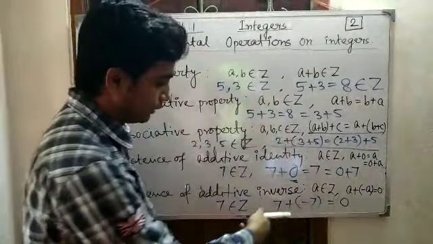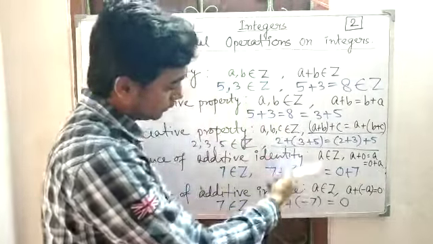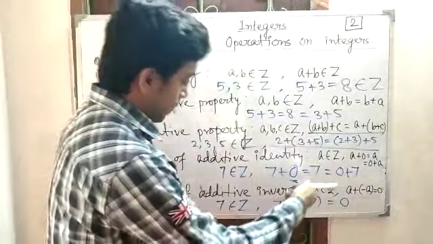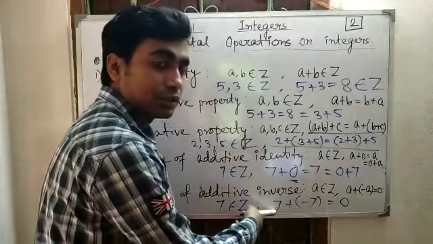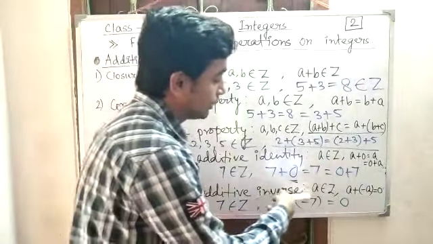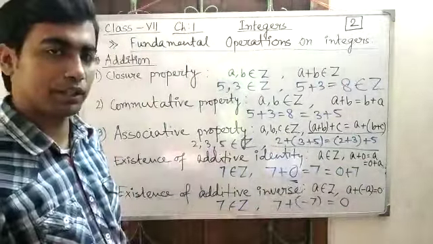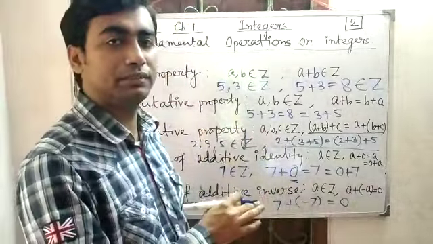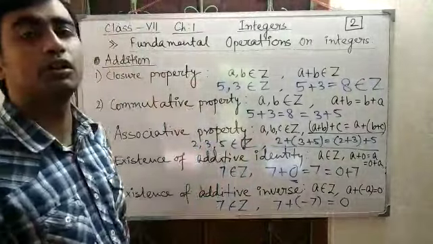You all know, outside the bracket plus and inside the bracket minus, so it will be minus. So 7 minus 7 equals 0. That's why minus 7 is the inverse of 7, or you can say 7 is the inverse of minus 7. Okay. This way we can find the inverse element of any element, and the operation should be addition.